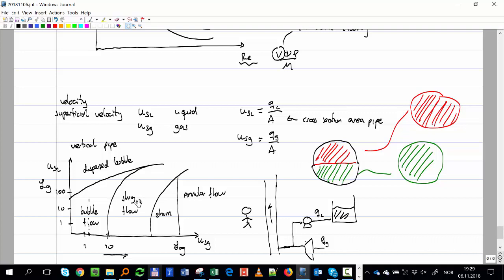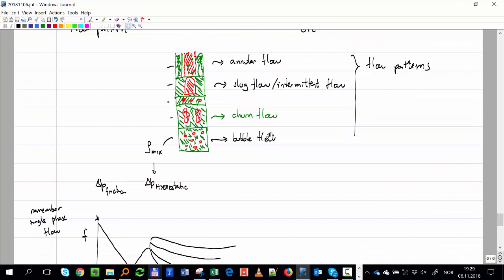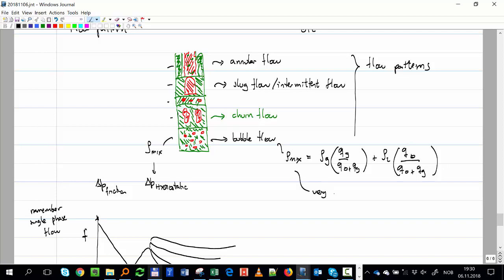For example, for bubble flow, the density of the mixture is simply the density of the gas times Q gas over Q oil plus Q gas, plus the density of the liquid times Q liquid or oil over Q oil plus Q gas. Simply like that. You can assume it's a very homogeneous picture, and I can make an average based on the volumetric rate.